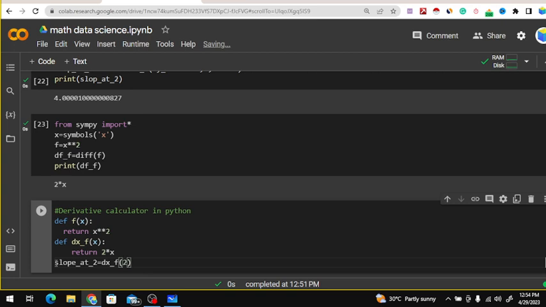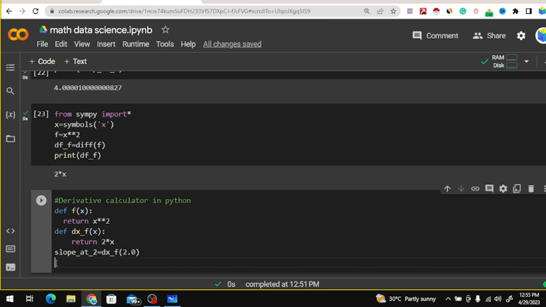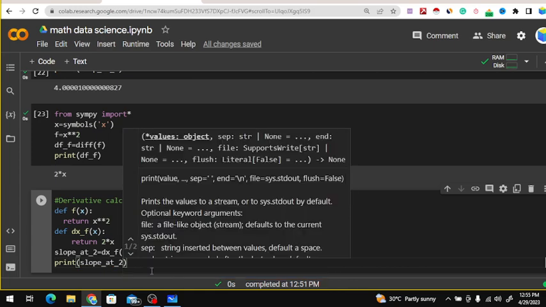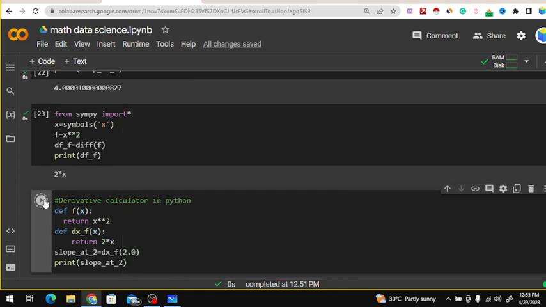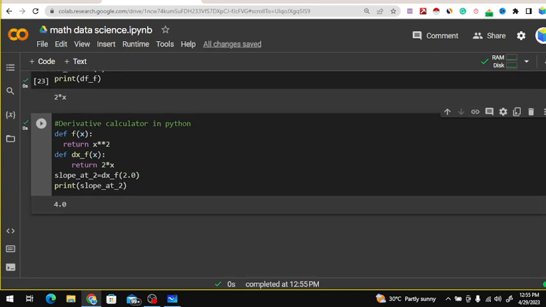So put here 2.0 and print slope_at_2. We have gotten 4 as the output.